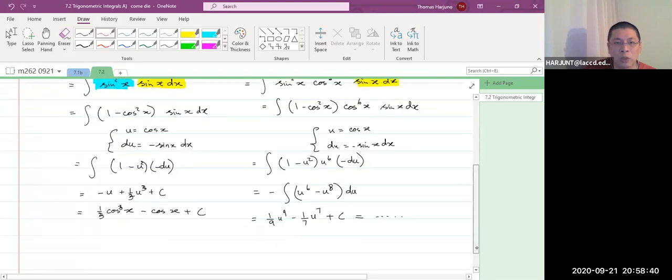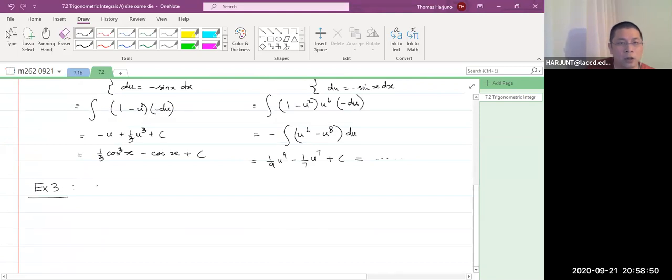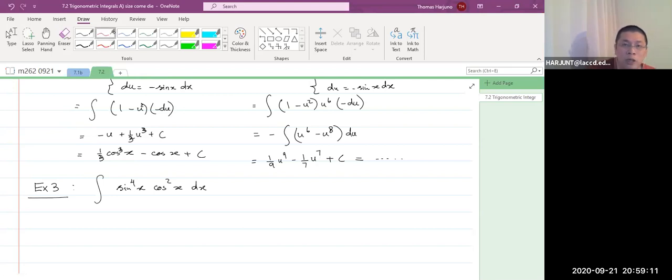Now the thing is, what happens if both of the exponents are even? Example 3, let's say I have integral of sine to the fourth x cosine squared x dx. So we are basically doomed. What we will do is we use the double angle formulas.